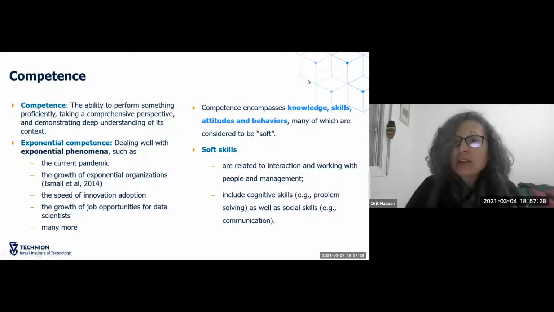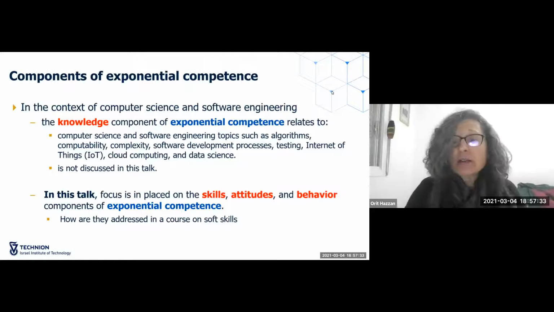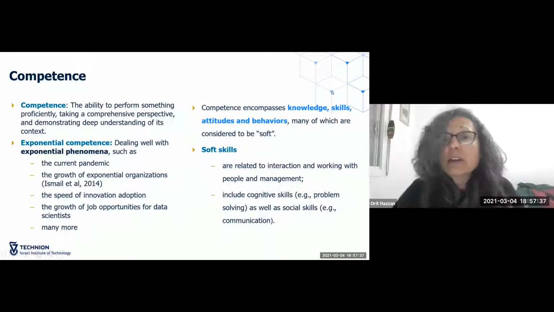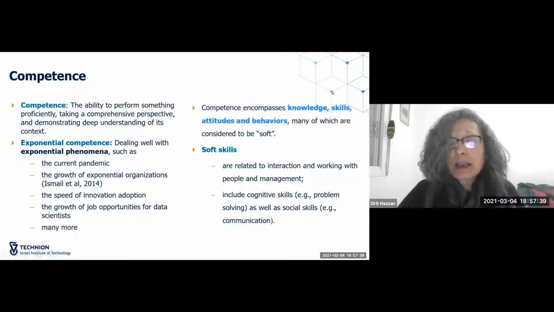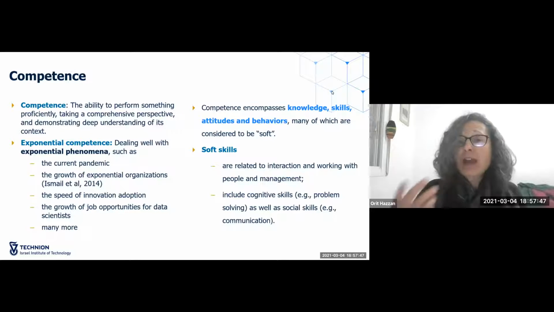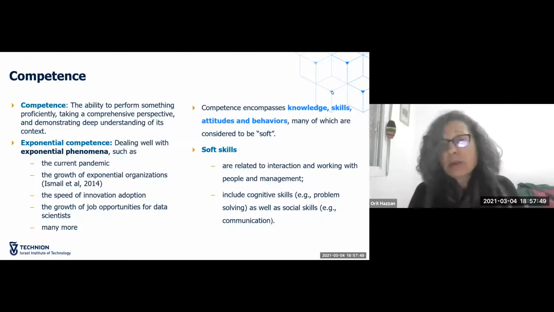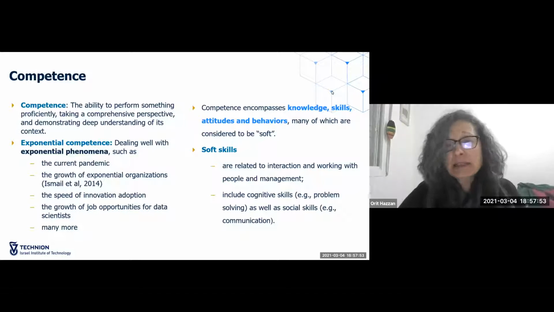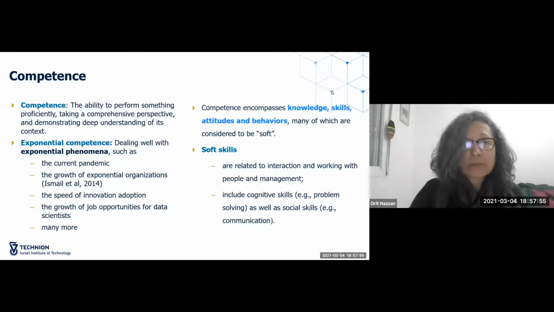In general, competence encompasses 4 components: knowledge, skills, attitudes, and behaviors, many of which are considered to be soft. And we all know that soft skills are related to interaction and working with people and management, and that soft skills include cognitive skills as well as social skills.